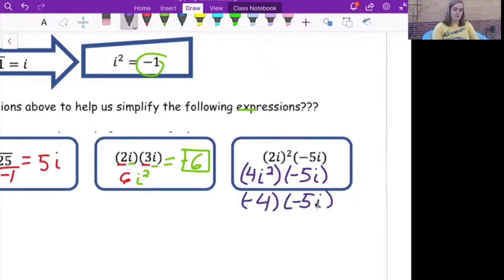So the -4 times -5 would give us 20. So this would be 20I. So again, with this, we're going to be multiplying our numbers together, and then we want to multiply our I's together just like we do our X's, and then go from there.